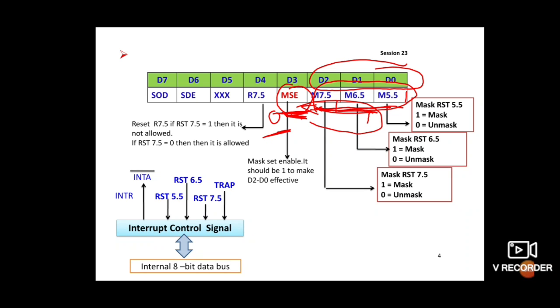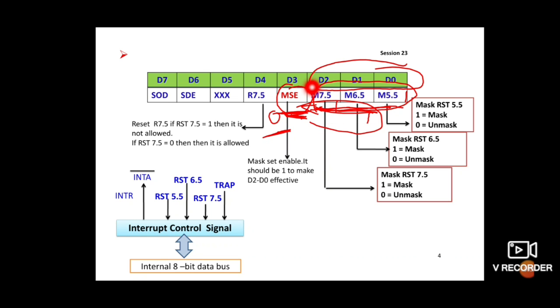Understood, student? So, student, in the SIM instruction, these two bits SOD and SDE, these 2 pins are used for serial communication. These 3, D0, D1, D2, depend on the MSE pin. If MSE is 1, then activate these 3 pins, and these 3 pins mean maskable or unmaskable, means the interrupt is blocked or unblocked.